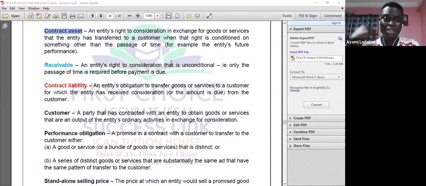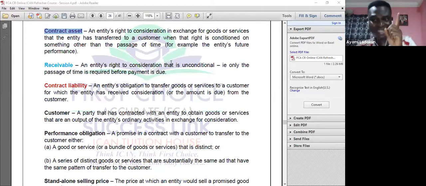Maybe your engineers are transporting it to my base already, but I've not paid, maybe based on our agreement. I'm now waiting for complete installation. Once the generating set is working fine and I'm satisfied, that is when I will pay.